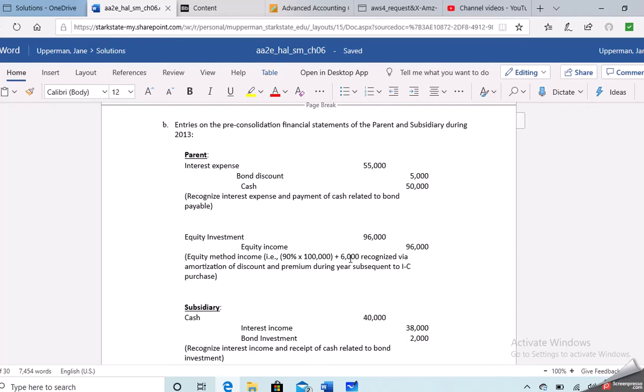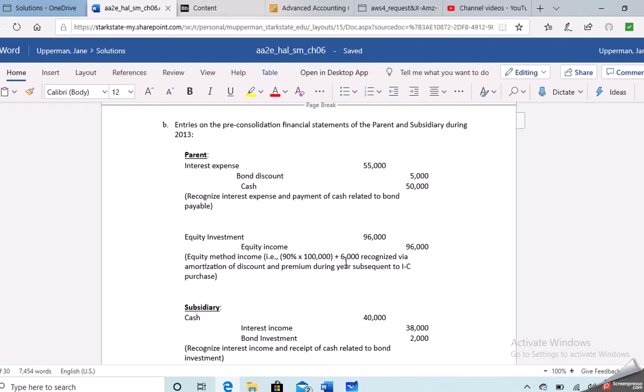That is going to be the sub's net income of $100,000, and they own them 90%, so they'll get $90,000 of that, plus the $6,000, which is the amortization of the loss. If you take that loss of $42,000 and divide it by the 7 years remaining, I think you would get that $6,000.